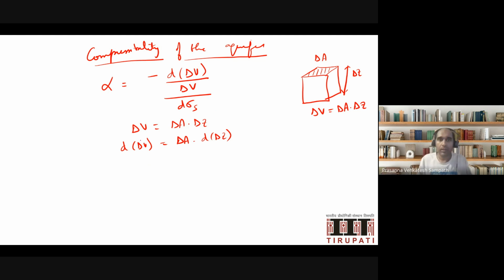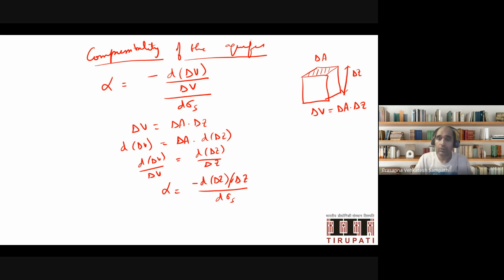Now, if you combine these two, you will find that d delta V divided by delta V is equal to d delta Z divided by delta Z, right? So therefore, if I replace this d delta V divided by delta V in that definition, I'll get alpha equal to minus d delta Z divided by delta Z, the whole thing divided by d sigma S, right?